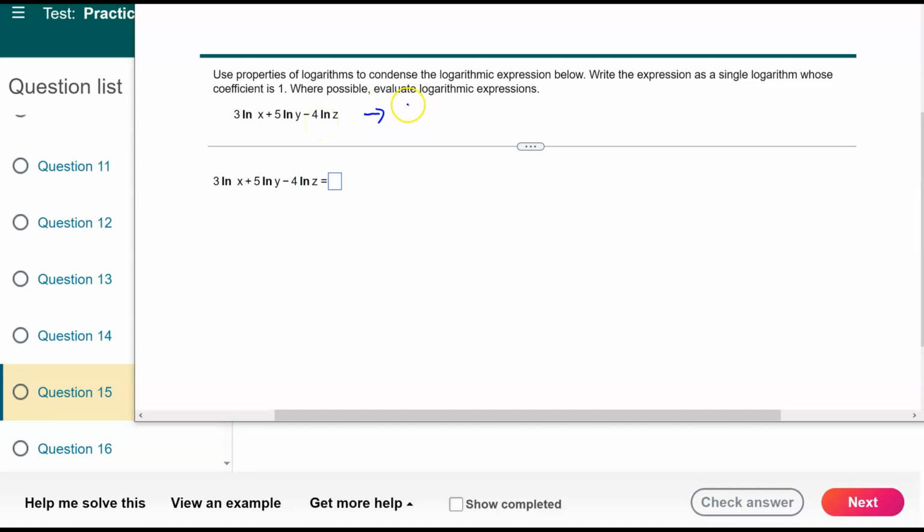First step is to write this as ln x cubed plus ln y to the 5th minus ln z to the 4th. Then sum means you multiply. So you have ln x cubed y to the 5th divided by z to the 4th.